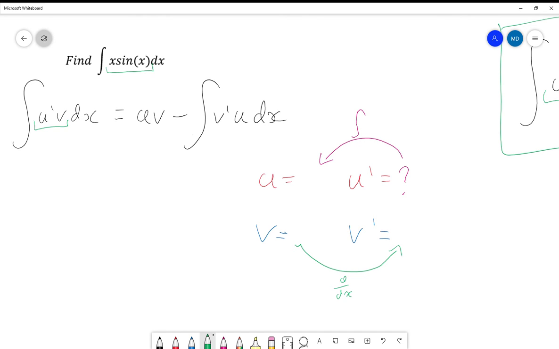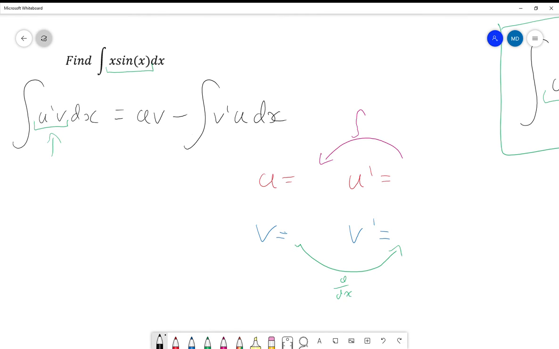Because we get to pick the u dash and the v, because that's what goes into our formula here, but we have to use the v dash and the u. So we want to pick something that is going to be nice to integrate for the u dash and something that's going to be nice to differentiate for the v. And the rule is basically which thing gets nicer when you differentiate it.